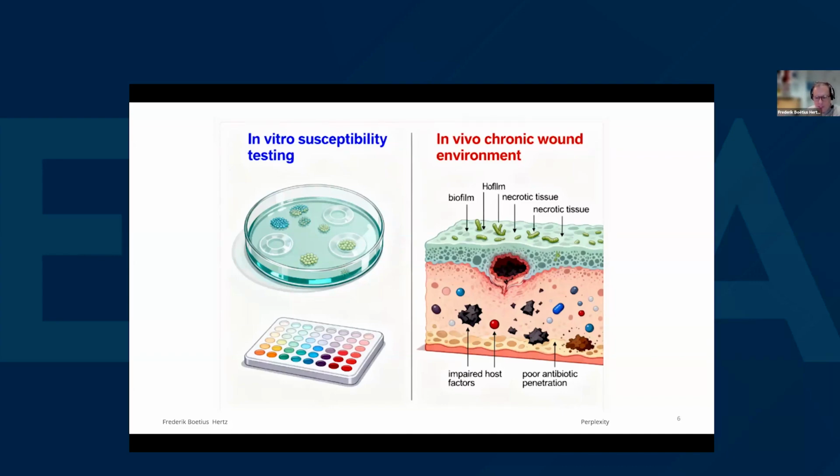And then we, of course, can tell if the bacteria is susceptible or resistant. Now, the resistant mark is important for us, because then we know it will not work to treat with the antibiotic, whatever you do. But if it's susceptible, we do now understand that susceptibility is not necessarily translatable from the in vitro susceptibility to the in vivo susceptibility, because as Thomas said, you have, of course, biofilms.